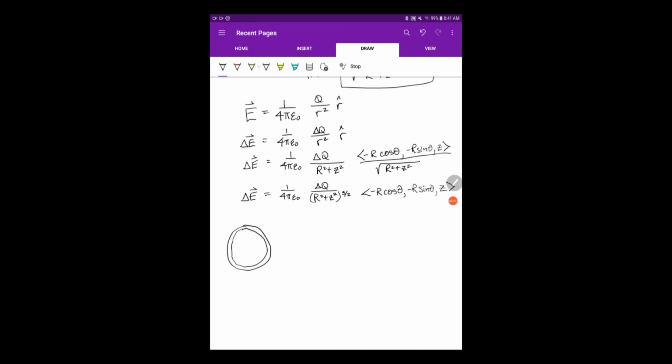Remember that if we have some amount of charge out at the radius, the small amount of the circle that charge takes up in terms of length is going to be the radius times the change in angle, and this is in radians.